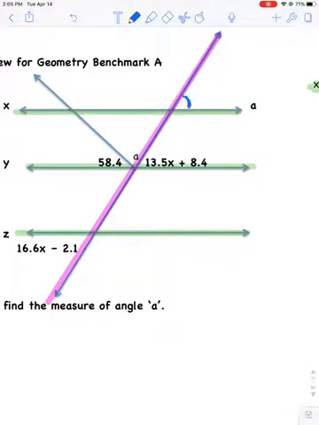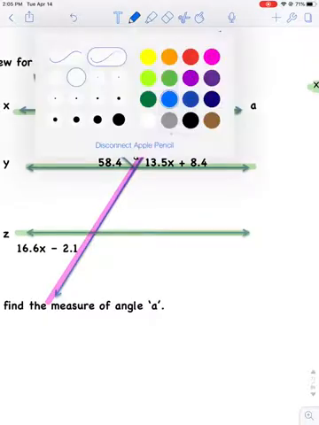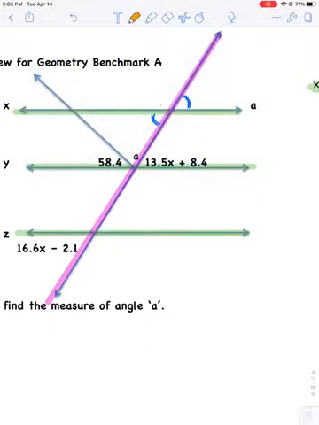So like this angle in blue is vertical with this angle, so those two would be congruent to each other. And then let's see what color will stand out. Orange. This angle and this angle will be congruent to each other because they're vertical angles. And then that cluster, I can move down.